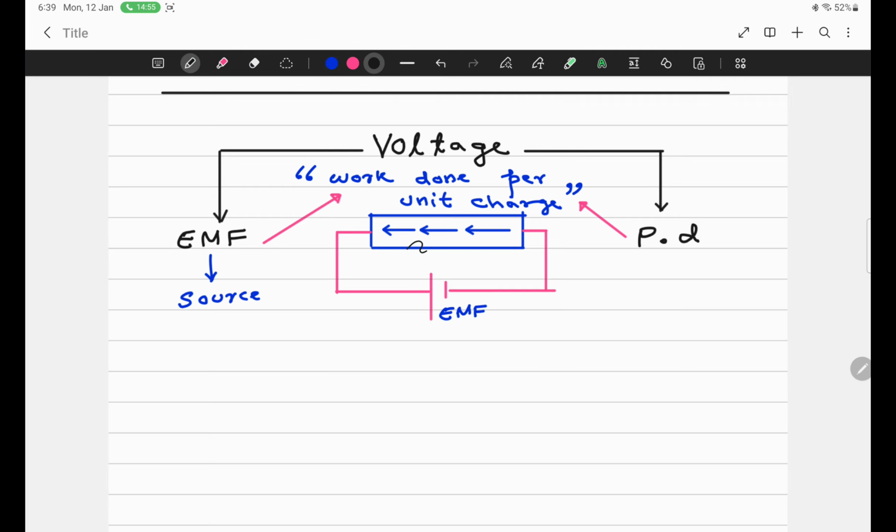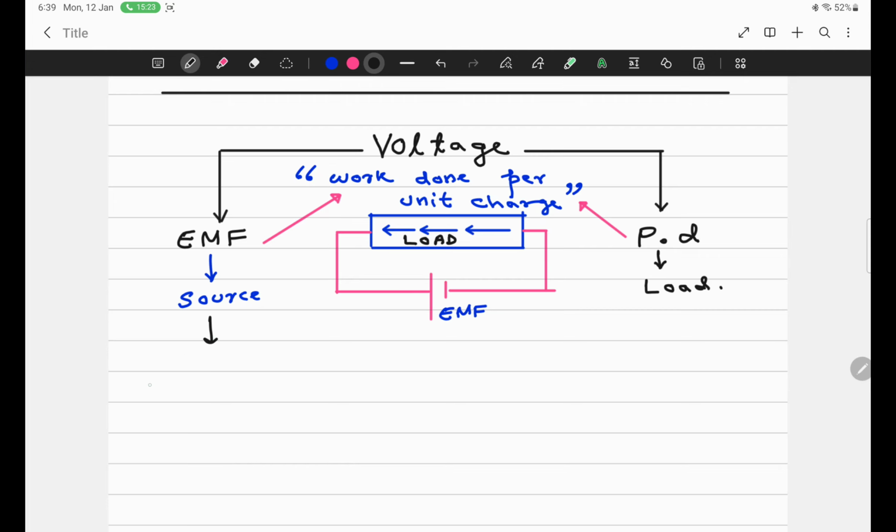Whereas the work done per unit charge on load is called potential difference. Potential difference term is used at load, and EMF term is used at source.